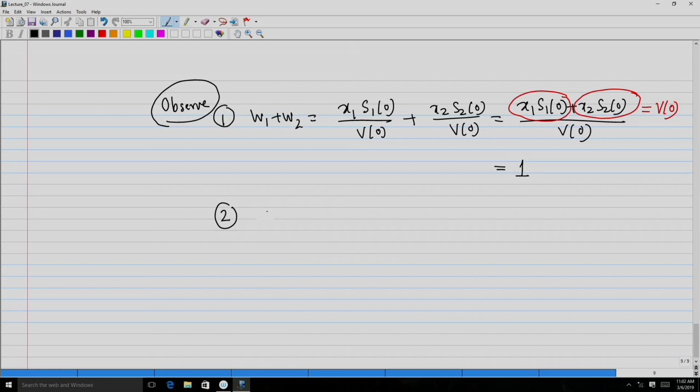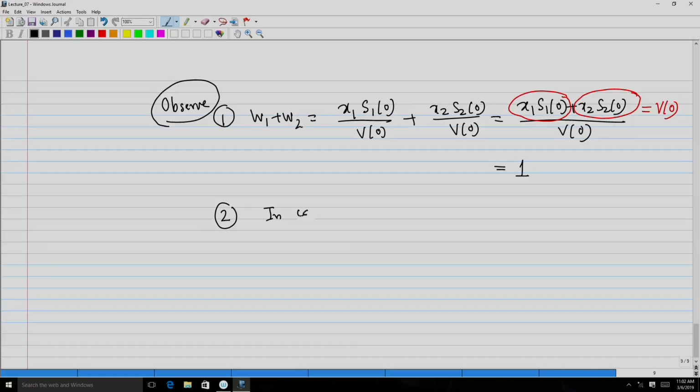Second observation is that typically you expect that W1 and W2 are going to be positive. However, there is no restriction on W1 and W2, and it is possible that either of them can actually end up being negative.